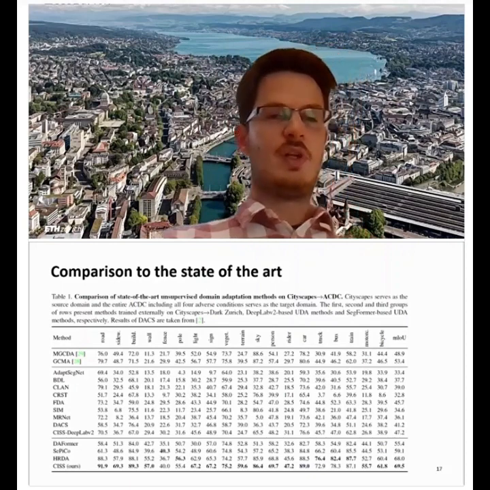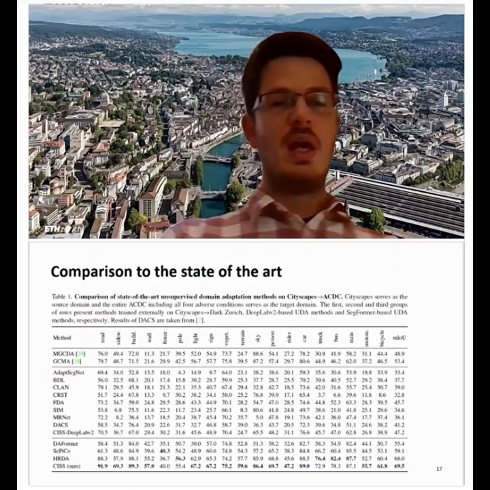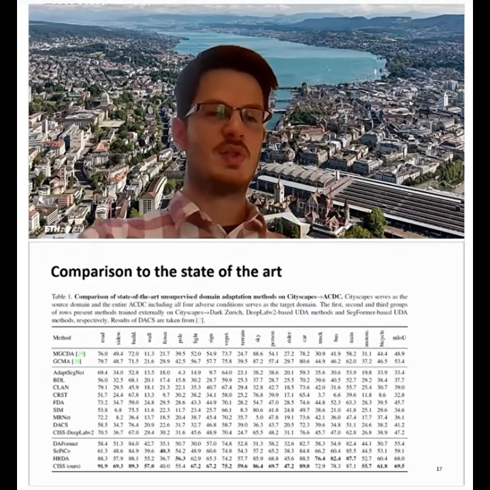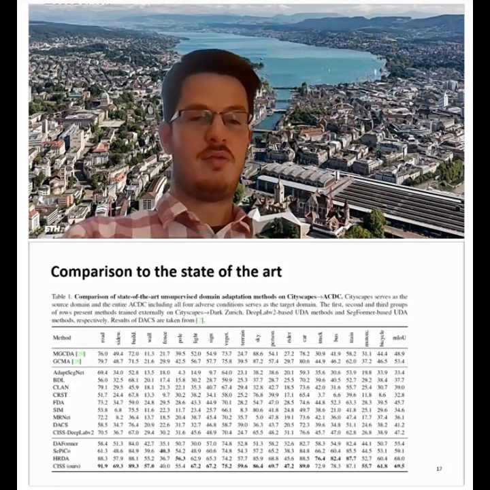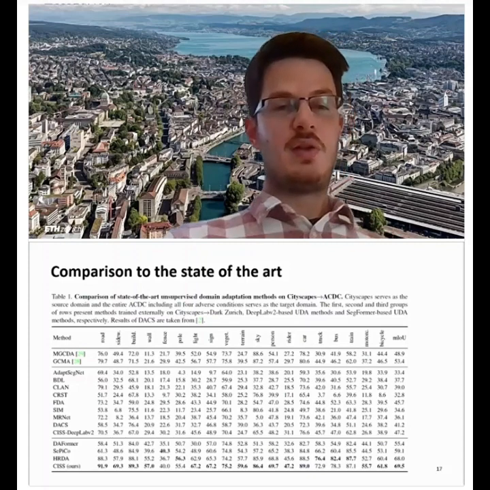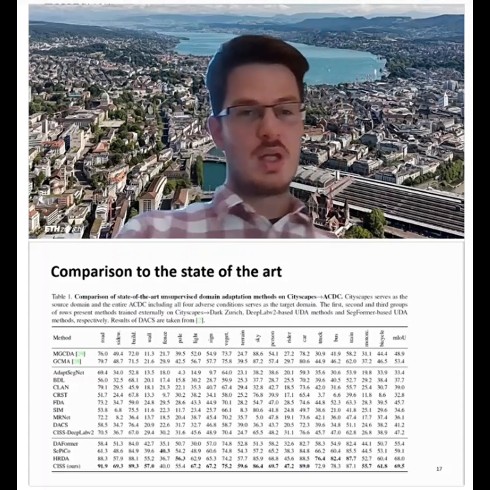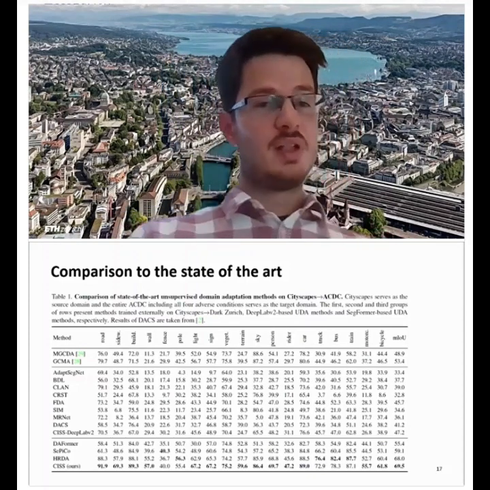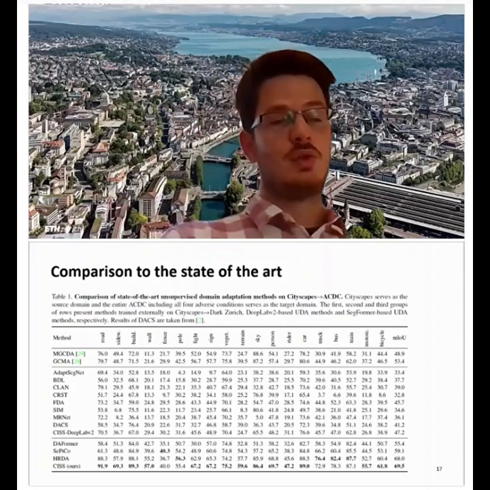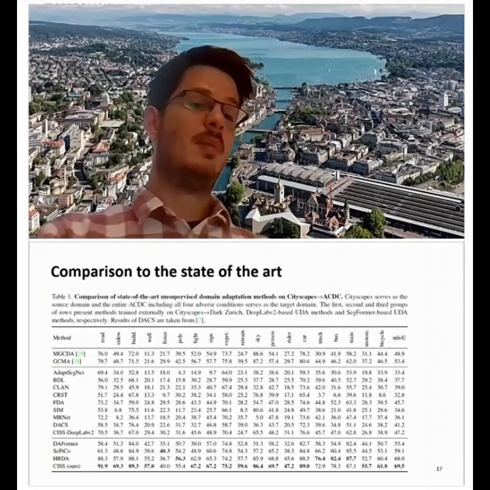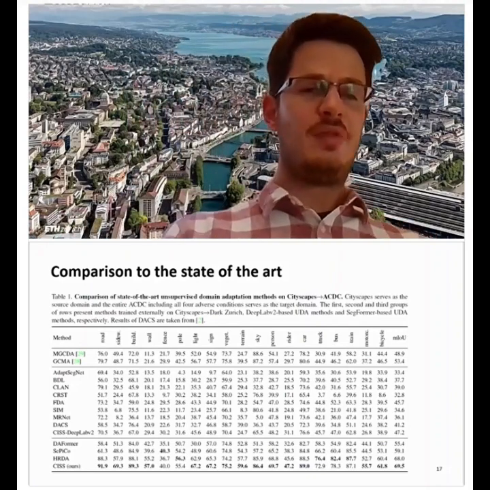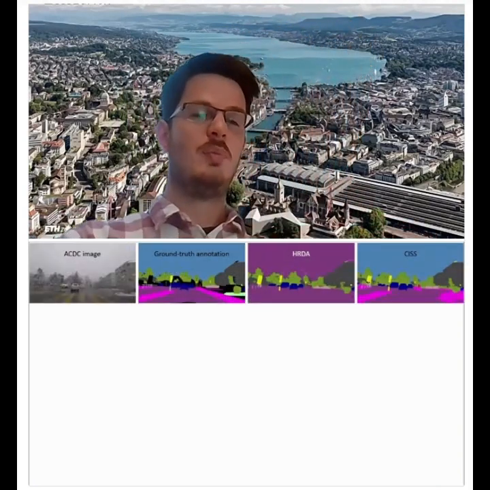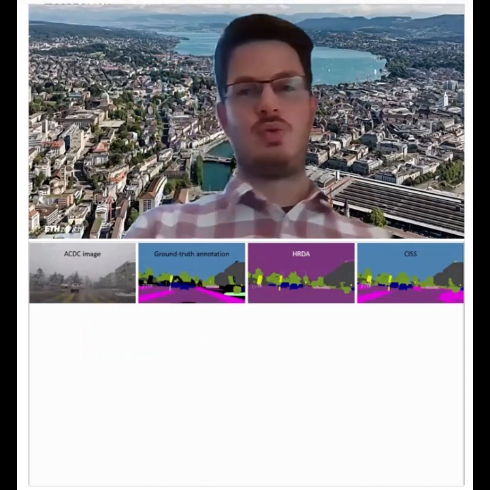We have in particular significant improvements in traffic-related classes such as traffic light and traffic sign, where we are roughly 2 to 5% better than the previous best approach. And we also have a significant improvement at the also traffic-related sidewalk class, at least roughly 12% mean IOU better than the previous best approach.